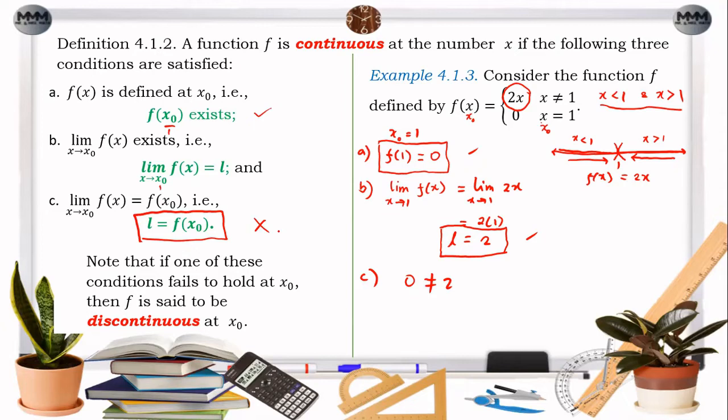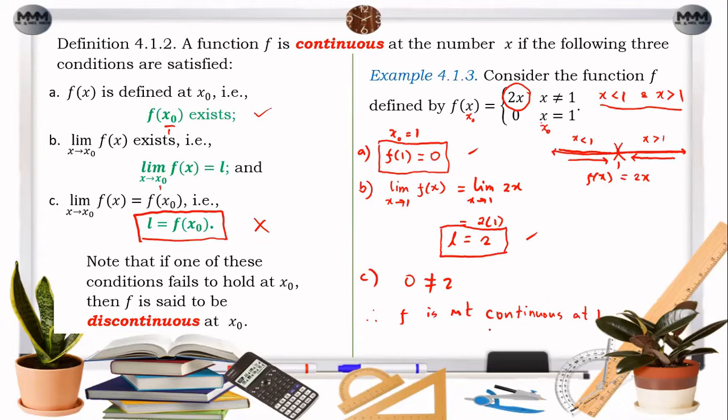So we can conclude that f is not continuous, because the third condition is not satisfied. It's not continuous at 1, or rather, f is discontinuous at 1.